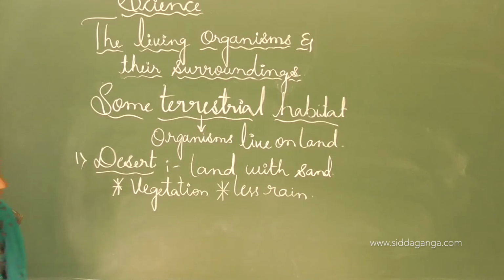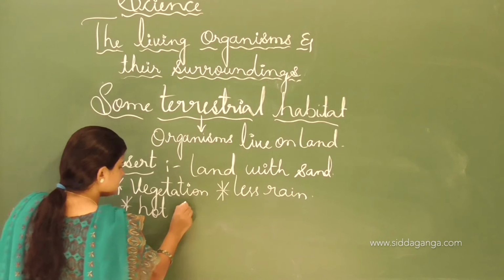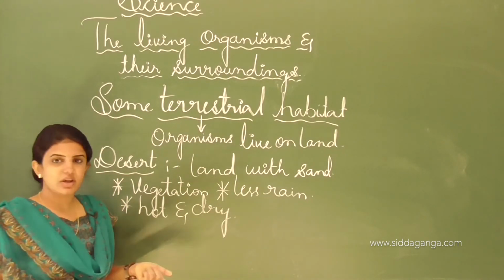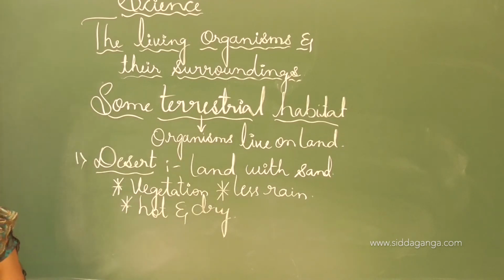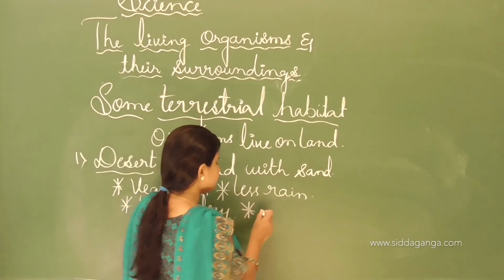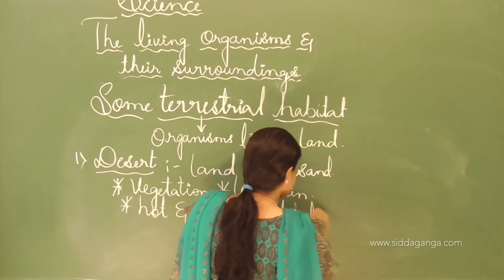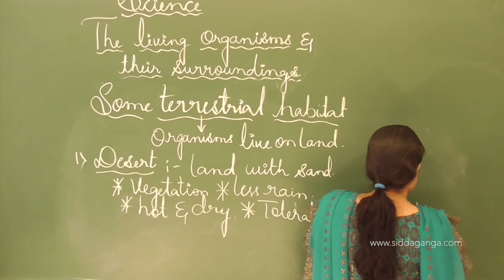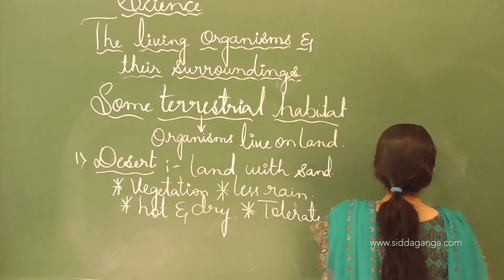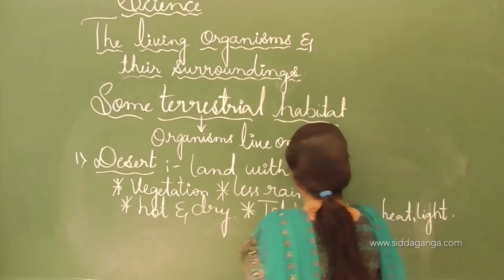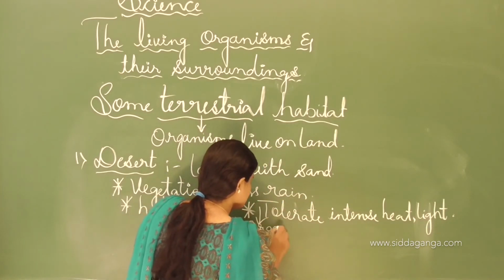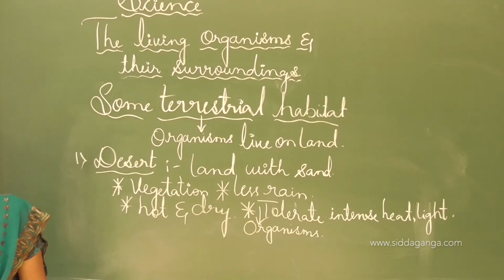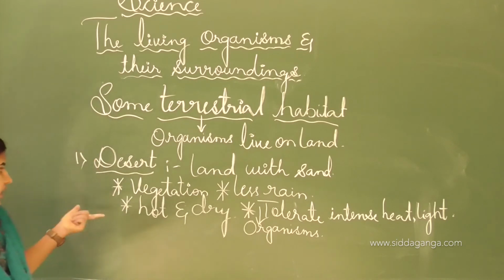Deserts have hot and dry conditions, and those organisms which live in the desert adapt to survive in such an area. The organisms will tolerate the intense heat, light and also the dryness which may be present in the desert region. And see, this is all about the desert.